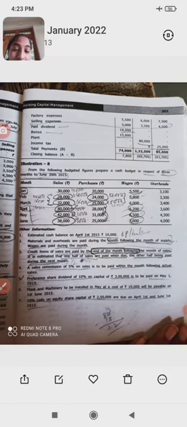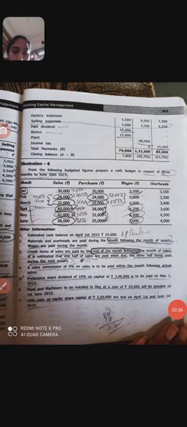Let's calculate. The March month purchases of 25,000 will be paid in the following month, April. So that 25,000 is for April, and 28,000 for the month of May, and 31,000 in the month of June.